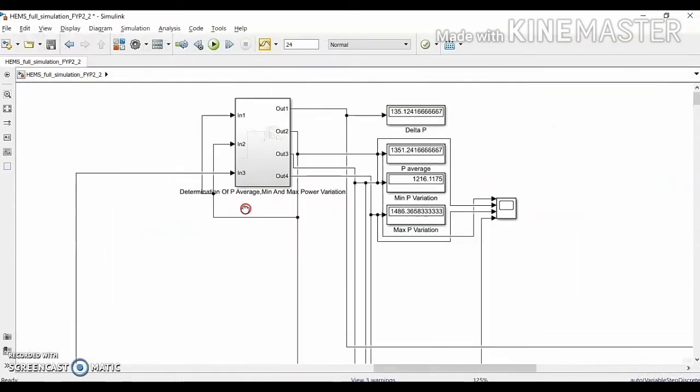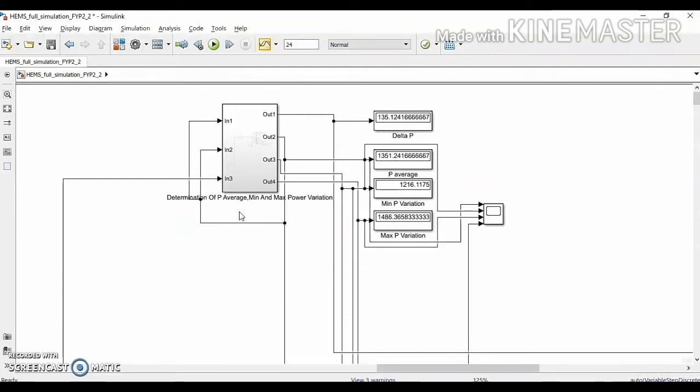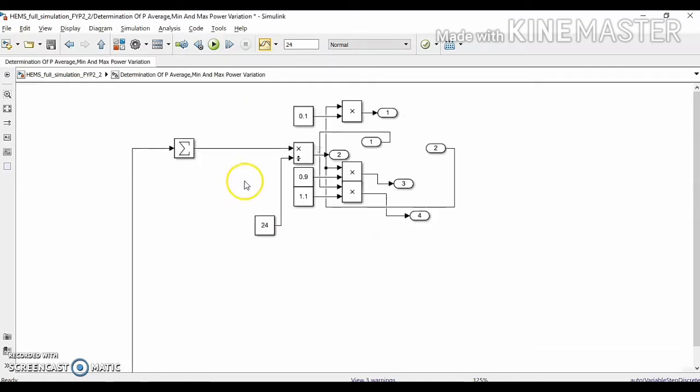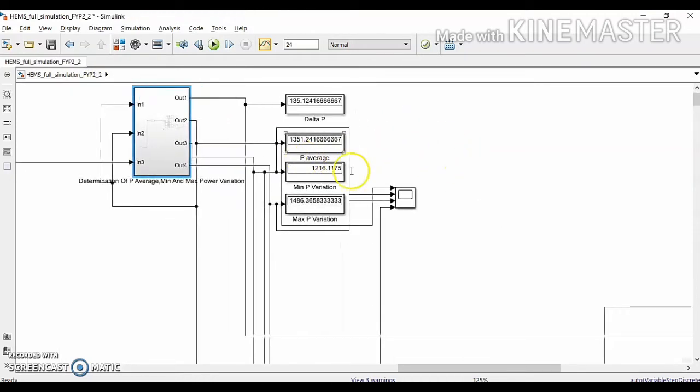The next block is determination of the average, minimum, and maximum power variations. So we go in deeper. This is the simulation. I summed all of the power loads and divided by 24 hours to get the average power, and 90% is for the minimum and 1.1 is for the maximum variations.